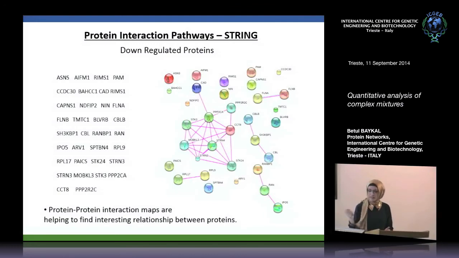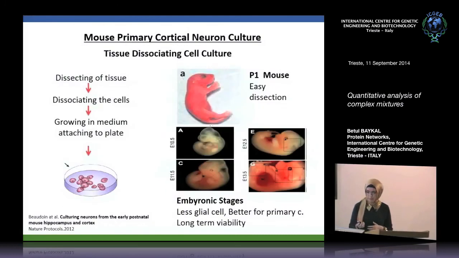When they're like this, they don't mean much, but what you can do is get the protein-protein interaction pathways using programs called, for example, STRING. And in this kind of pathway, it will help you find interesting relationships between proteins. For example, here, these proteins mostly have a relationship with each other, so this will be further studied.